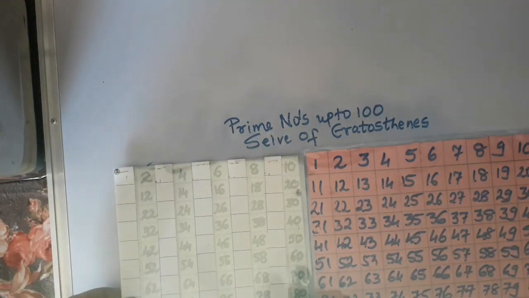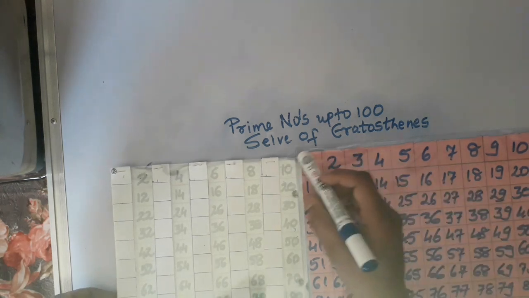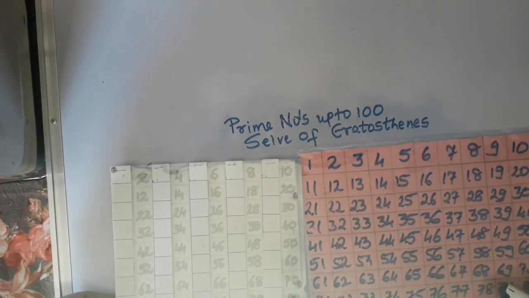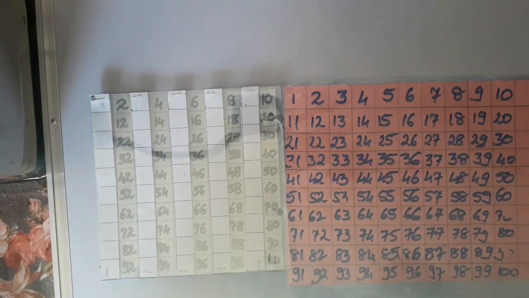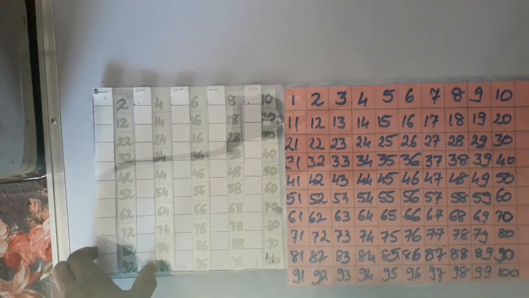Now we will find all the prime numbers up to 100 using the sieve of Eratosthenes. Here you can see the numbers up to 100 are written, and we will use the sieve of Eratosthenes to find all the prime numbers up to 100.